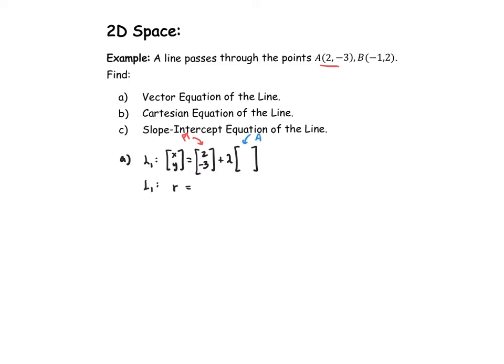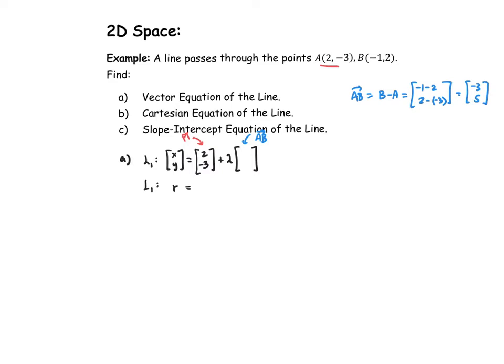This would be the direction vector AB. To find AB, we take the points of B minus the points of A, where you're headed minus where you came from. So that would be -1 minus 2 and 2 minus -3. So that direction vector would be the vector (-3, 5).